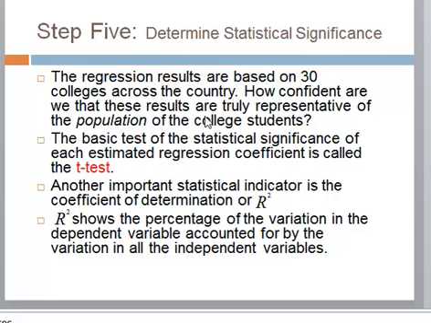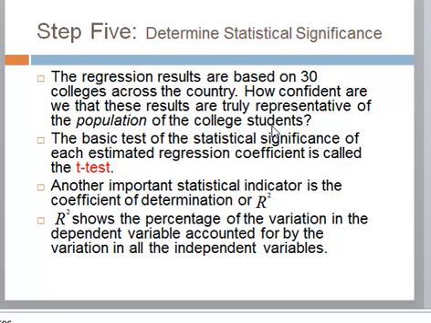How confident are we that these results are truly representative of the population of college students? In statistics, population means the entire set of individuals or objects of interest. So here, in this case, population means all the college students in the United States.